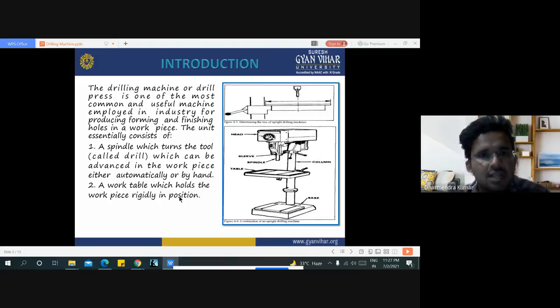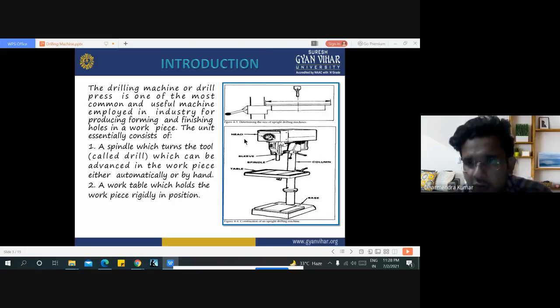The unit essentially consists of a spindle which turns the tool, generally called the drill tool, which can be advanced into the workpiece either automatically or by hand, and a work table which holds the workpiece rigidly in position.